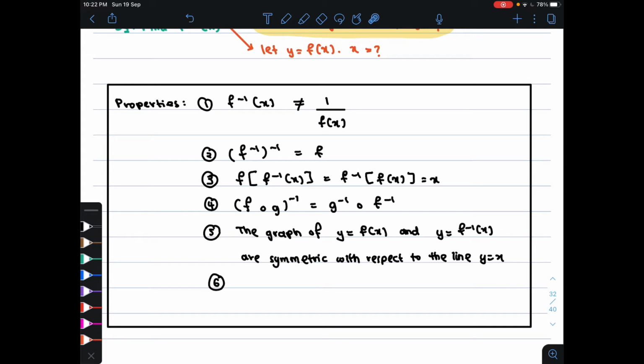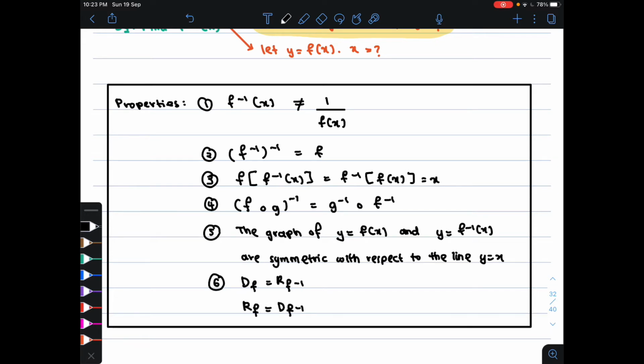Property number 5 is that the graph of y equal to fx and y equal to f inverse x are symmetric with respect to the line y equal to x. So, nanti Miss akan ajar kamu macam mana kamu nak lukis fx dan juga f inverse dalam axis yang sama. And from that graph, you can see that domain of f is actually the same as the range of f inverse.